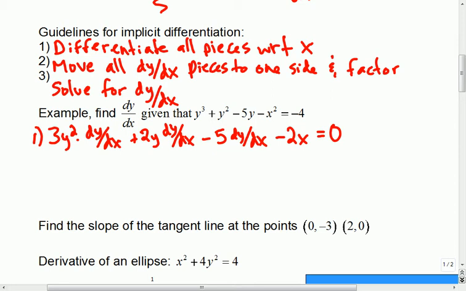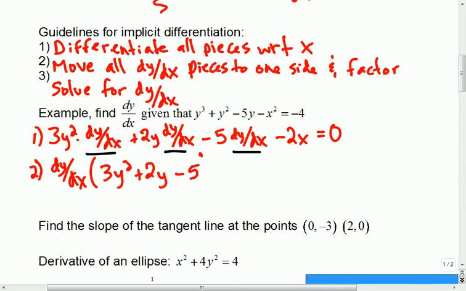Okay. So here are the pieces that I was talking about that have a dy by dx. What I want to do is move them to one side, which conveniently they already are, and factor them out. So here's what I would make this look like in the second step. Factoring them out will be dy by dx, and the pieces are 3y squared plus 2y minus 5 equals 2x.